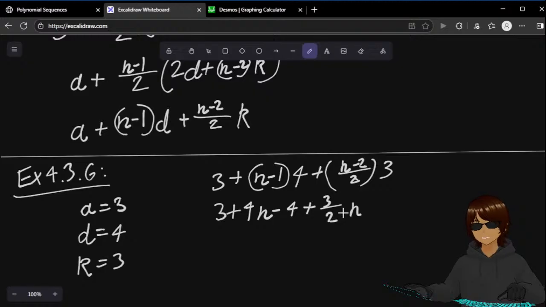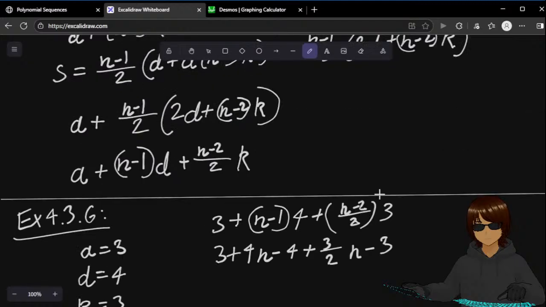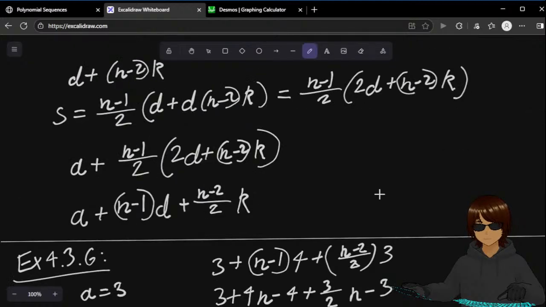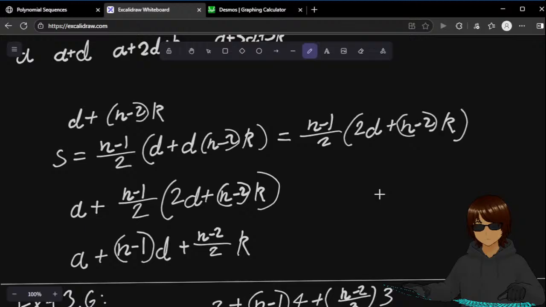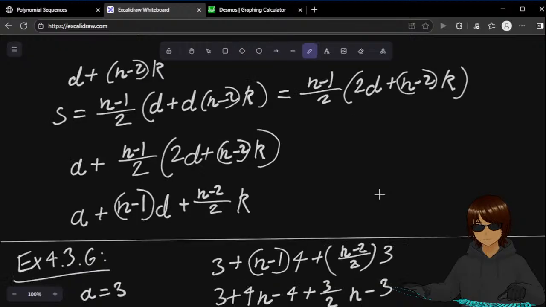Is this formula correct? And this has to be like that.